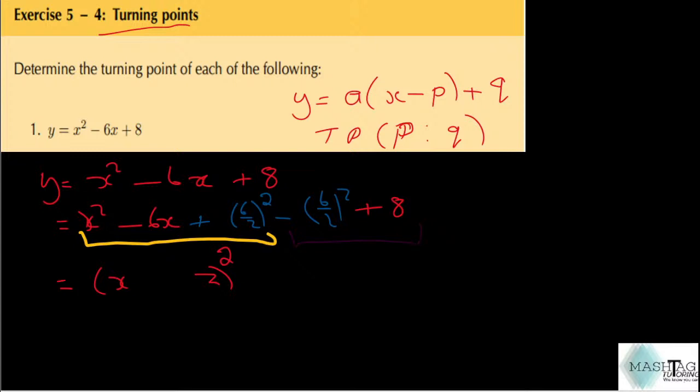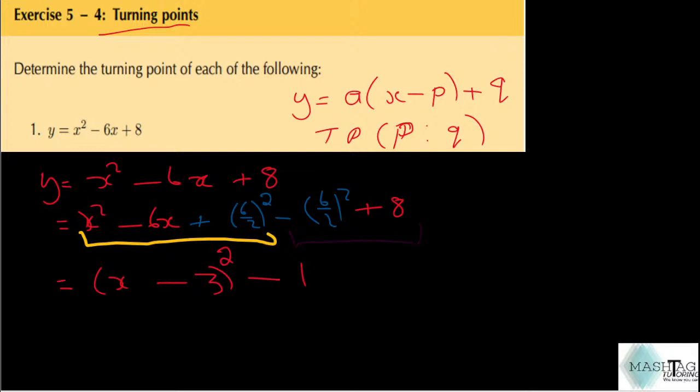Because your 6x is negative, when you add the two terms they should give you negative, so they must both be minus 3. Then in your calculator, minus the square of 6 over 2. 6 over 2 is 3, squared is minus 9, plus 8, that gives you minus 1.